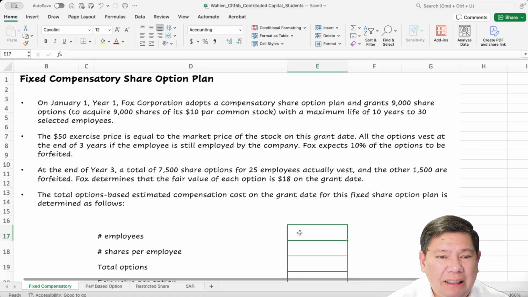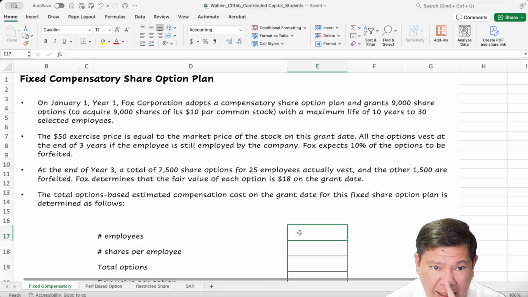On January 1st, year one, the company adopts a compensatory option plan and grants 9,000 share options to acquire 9,000 shares of the company's common stock with the par value of $10, with the maximum life of 10 years, to 30 selected employees. $50 is the exercise price, and that's equal to the market price of the stock on this grant date.